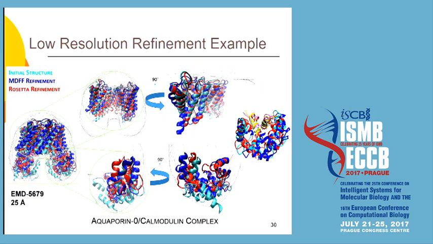Now, the 25 angstrom structure is an aquaporin calmodulin complex, determined not by cryo-EM but by stained EM, and this was done by rigid fitting. Because the resolution is low, the authors did not try to refine the structure, which is very reasonable.